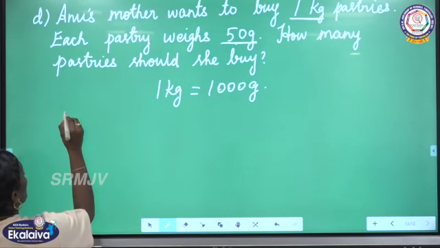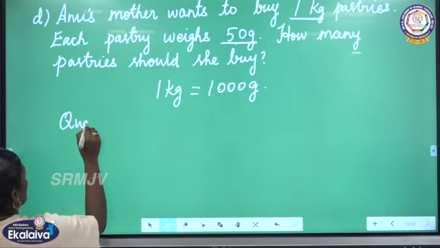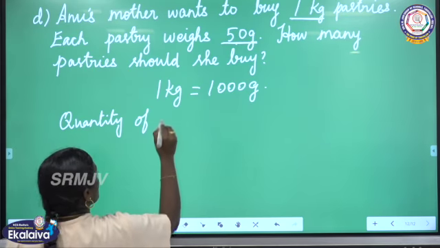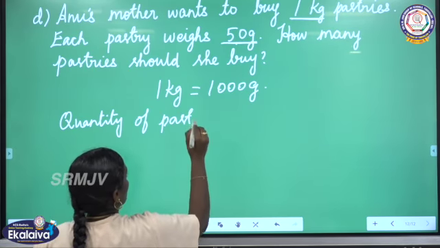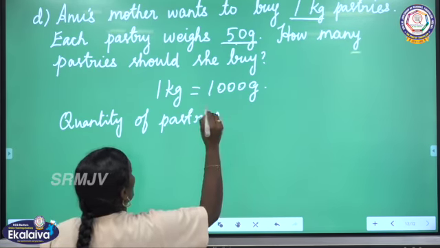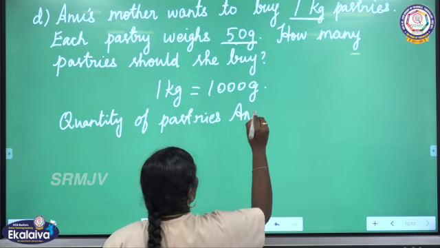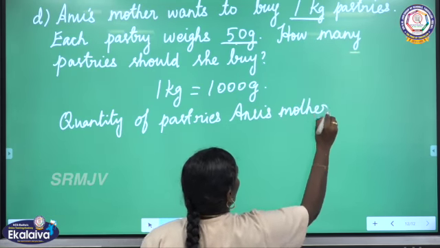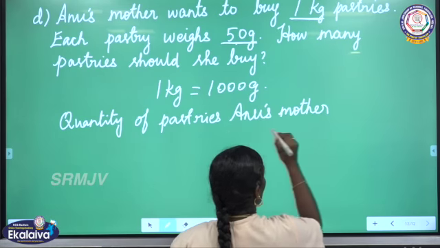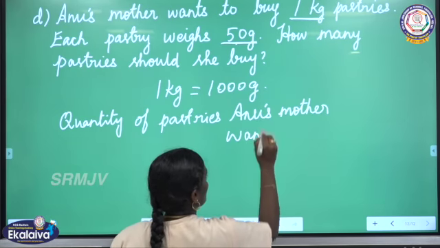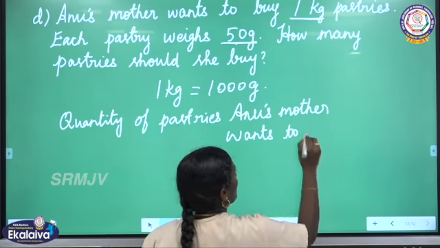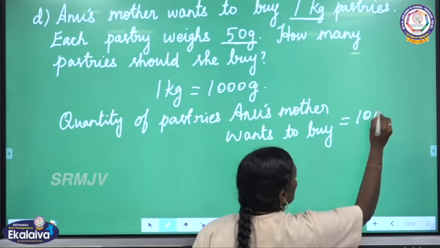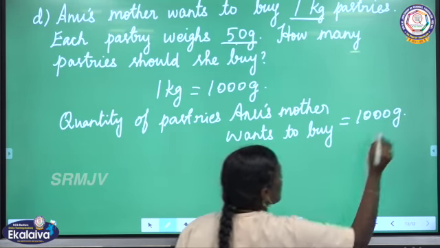So the quantity of pastries Anu's mother wants to buy, that is 1 kilogram. We are writing in gram, that is 1000 gram.